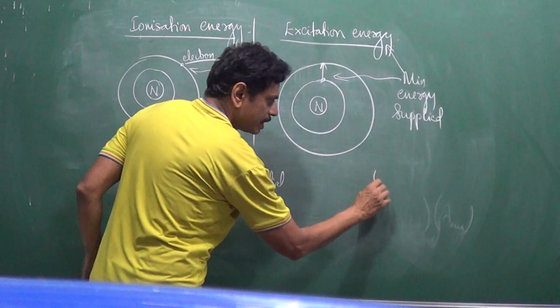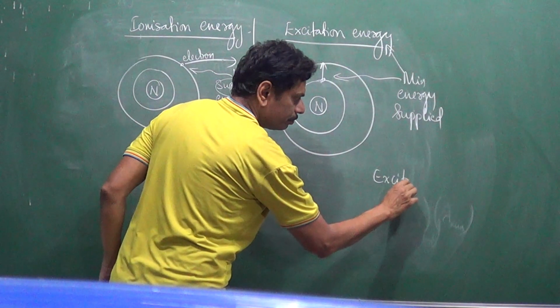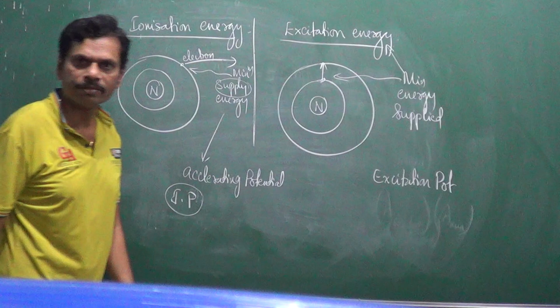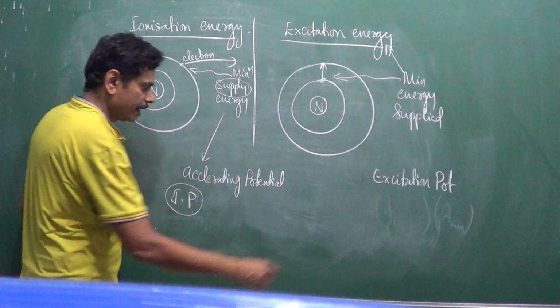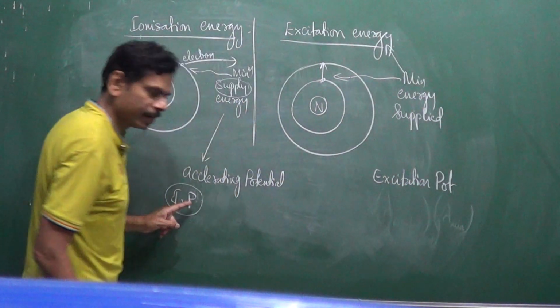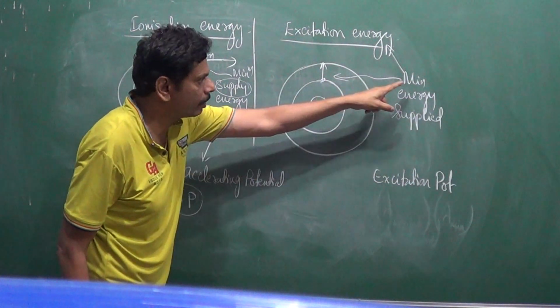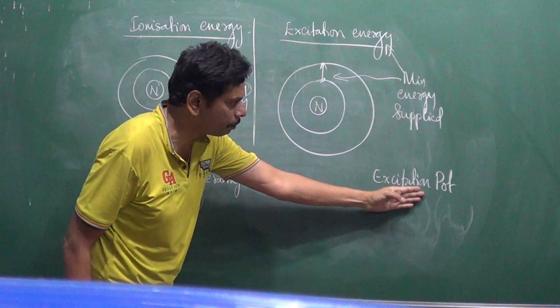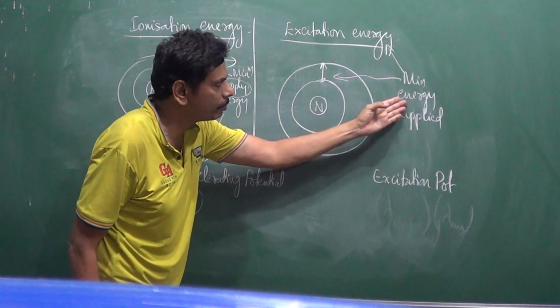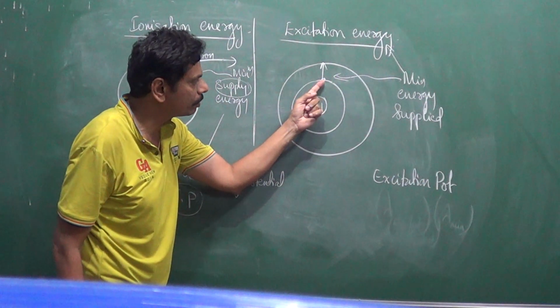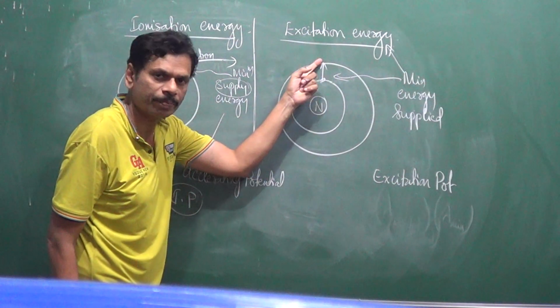Similarly, excitation potential. How to define the excitation potential? Excitation potential means, similarly here, the voltage we have applied in the form of energy for the electron to move from lower energy to higher energy.